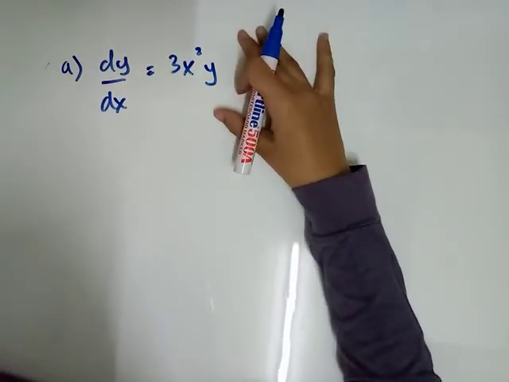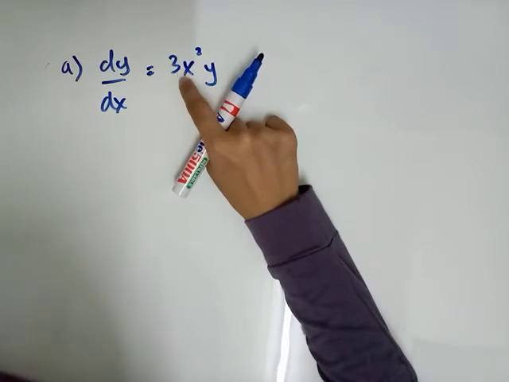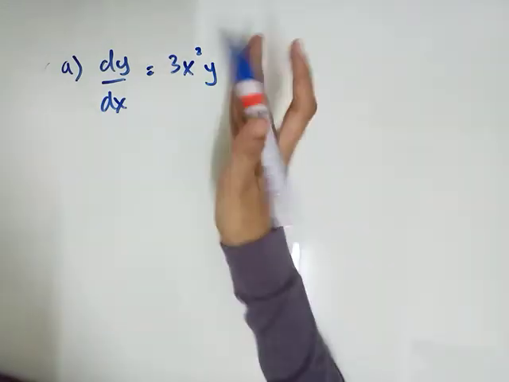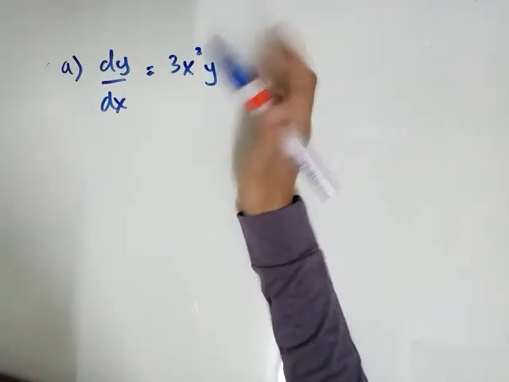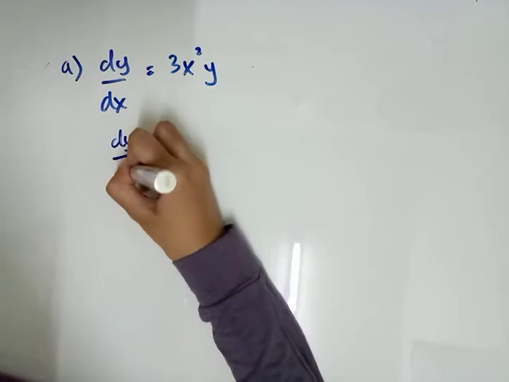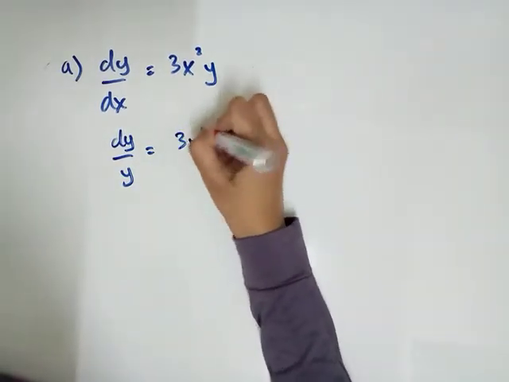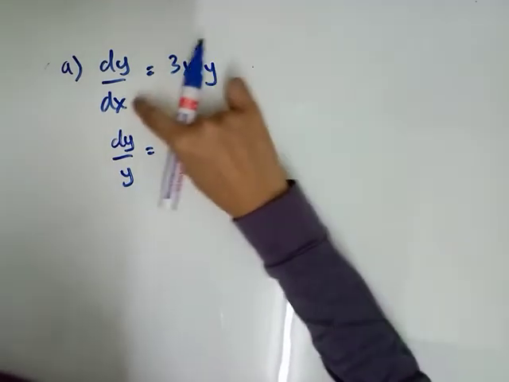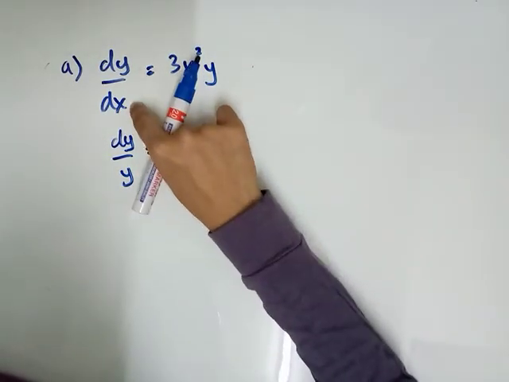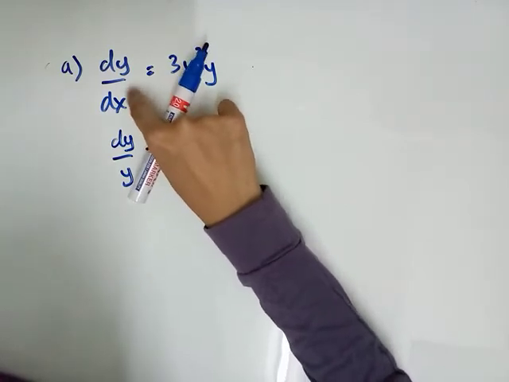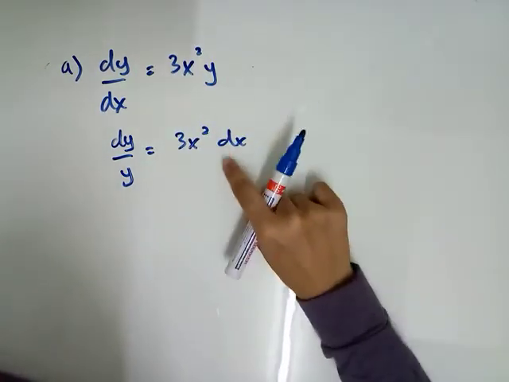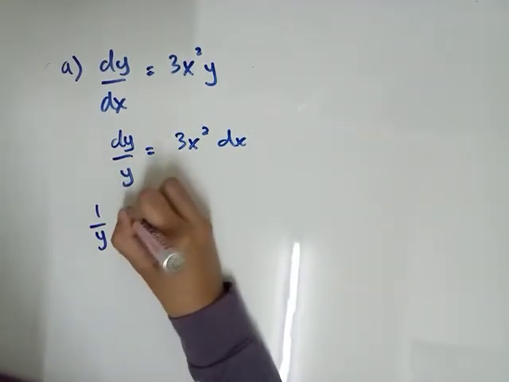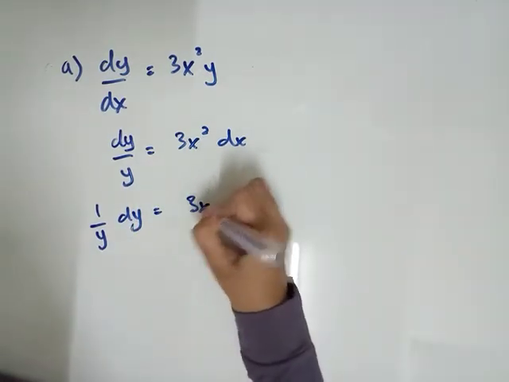So, we have two separable variables here. Satukan, in terms of y, in terms of x. So, dy over y, 3x squared dx. Y ni dalam konsep multiply, move to the left, it will become divide. Dx ni di dalam divide, move to the right, it will become multiply here. And then, y ni, separatekan dia, 1 over y dy, 3x square dx.